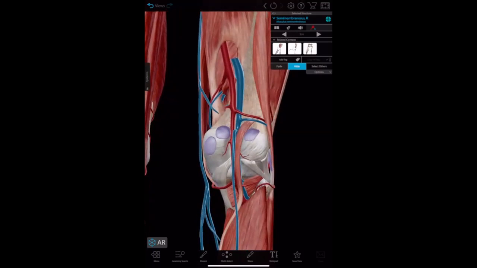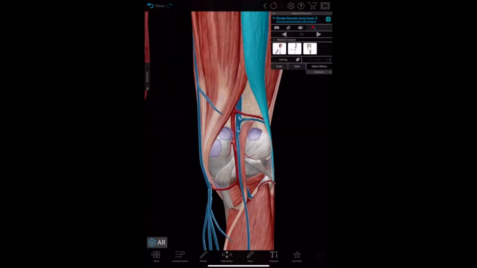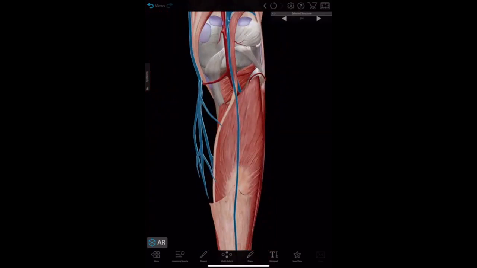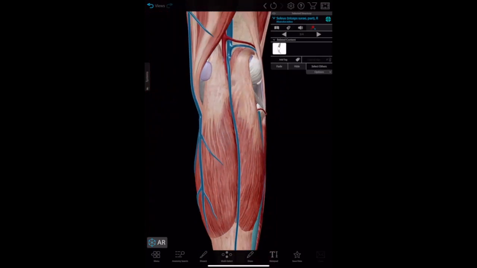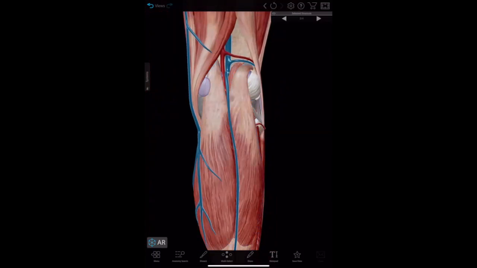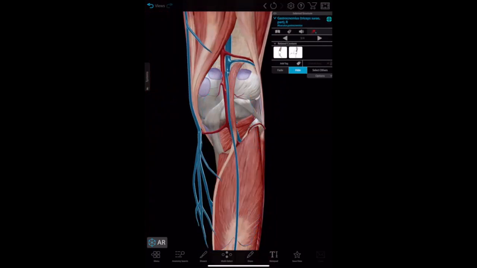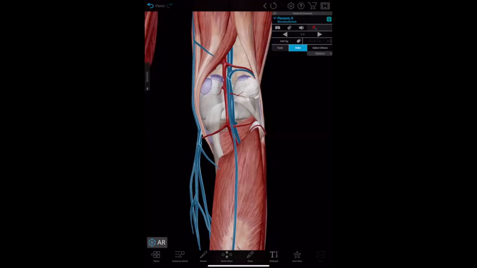And those are the muscles, right? Semimembranosus and semitendinosus, right? Here laterally it is biceps femoris, and inferiorly that is soleus, right? That is gastrocnemius, okay, medial head and lateral head, right? If you hide them, this one is the plantaris, okay, thread like, and this one is popliteus, right?